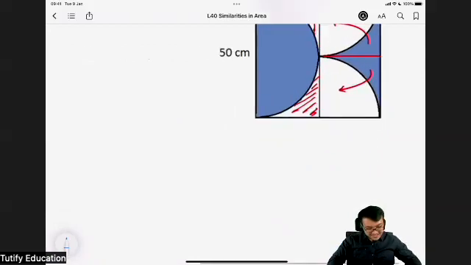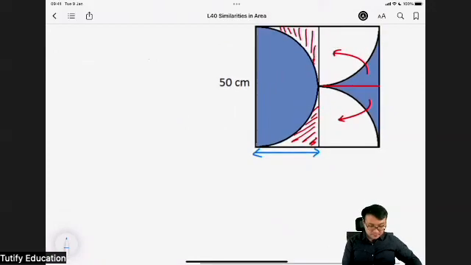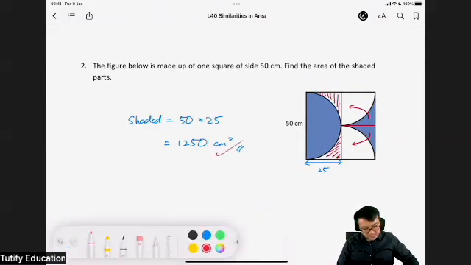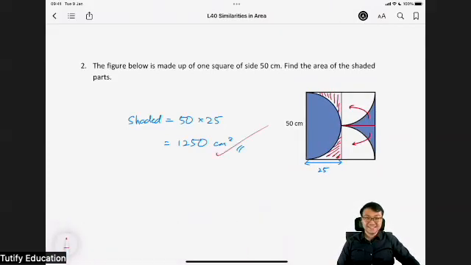Okay, you tell me what is the length here? 25. So the area of the shaded region, what is the working that I must do? 50 times 25, and I get 1250 cm squared. So Jenny, do you agree that this is easy? Yes.